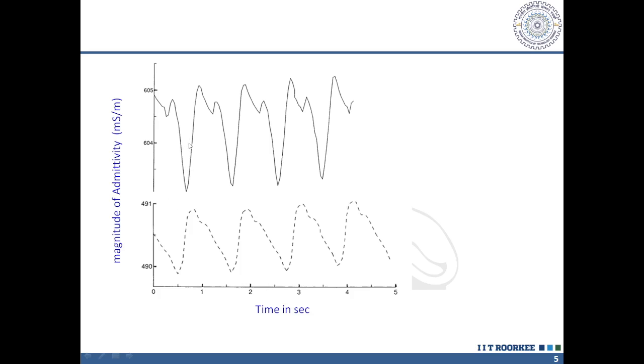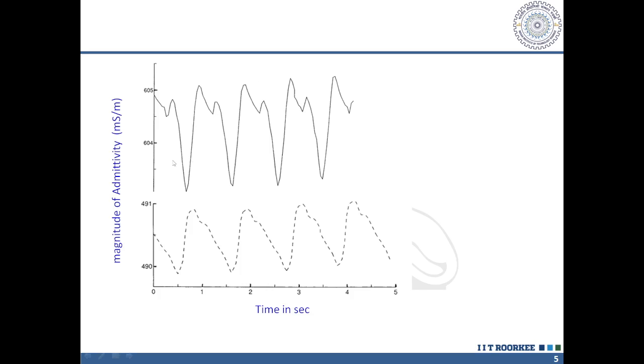I wanted to tell you that admittance is changing because we are getting different voltage. Because of the change in conductivity in a particular part, we are getting our image.